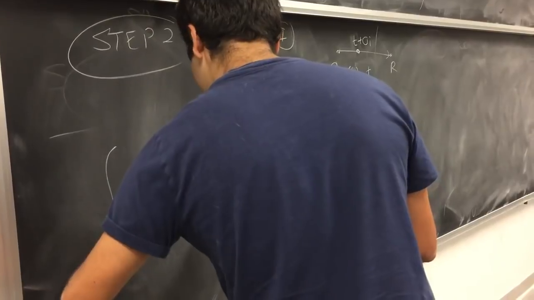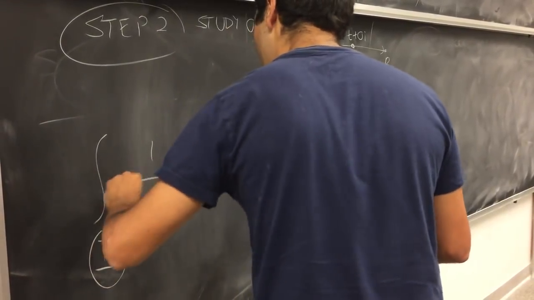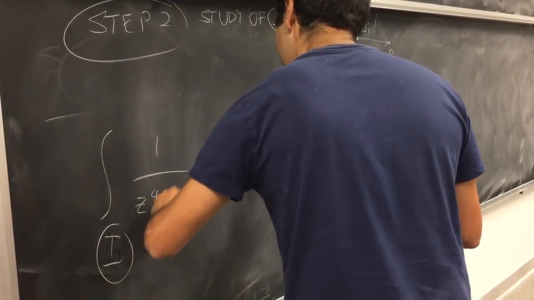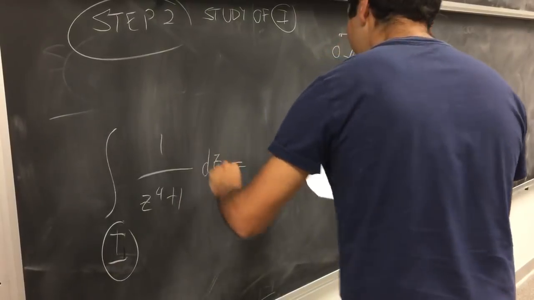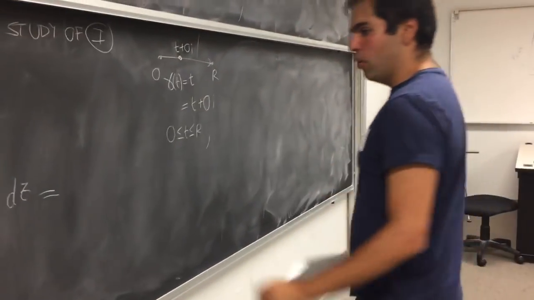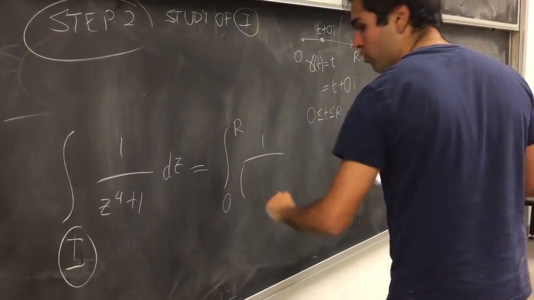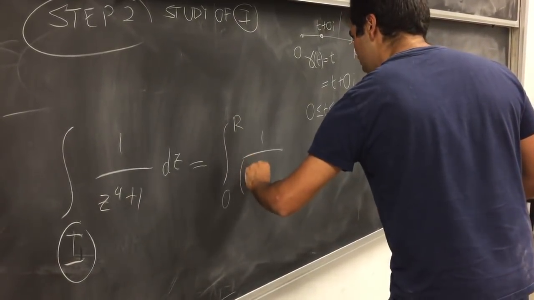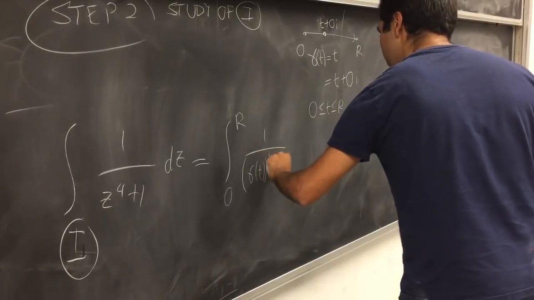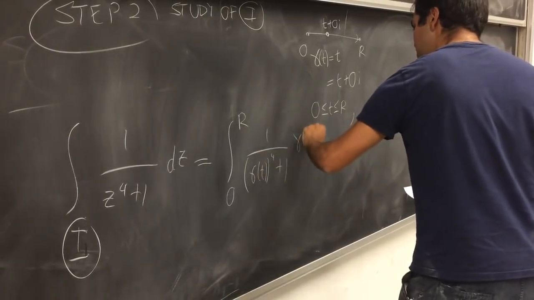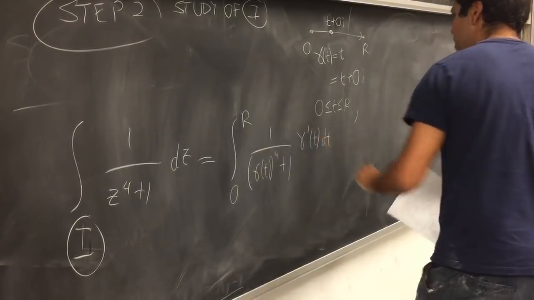There's this formula that says the integral of 1 over z to the 4th plus 1 dz is the integral from 0 to r of 1 over phi of t to the 4th plus 1, times phi prime of t dt.